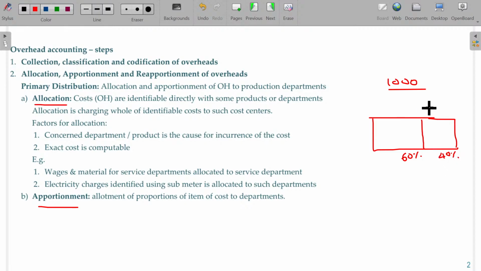I want to find out the electricity bill for the first hall and for the second hall. Based on the area occupied, I can simply share this between the two. 600 rupees is the electricity bill for the first hall, 400 rupees for the second hall. This is all about apportionment of overhead.